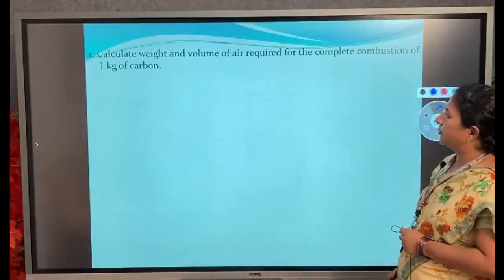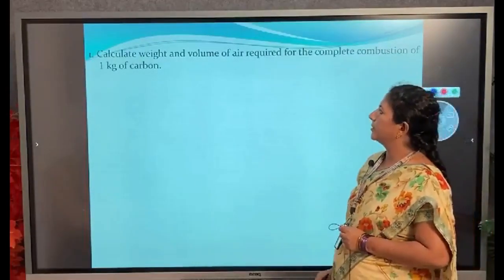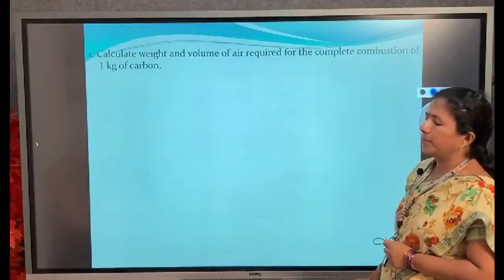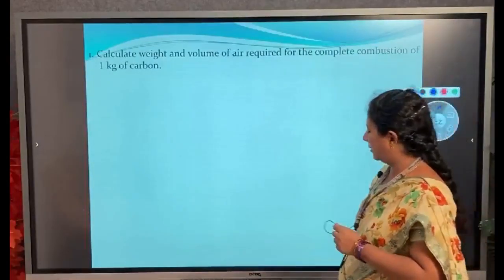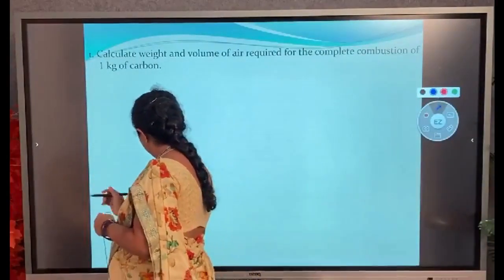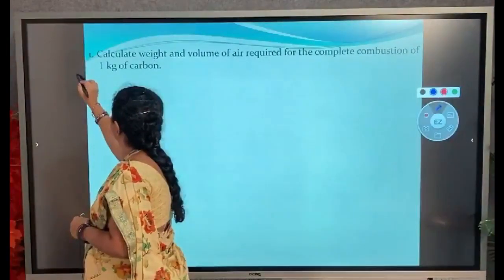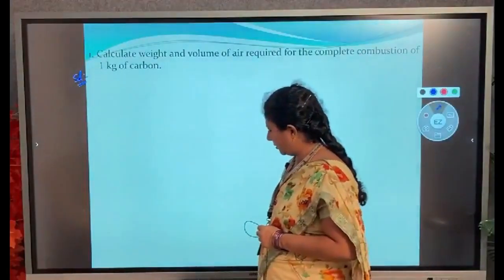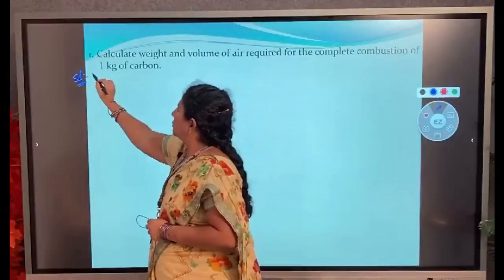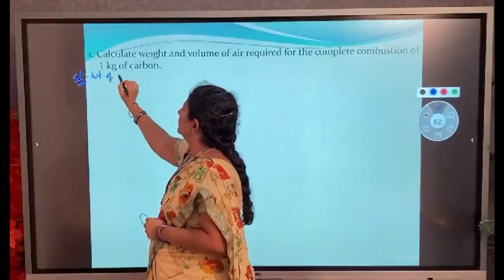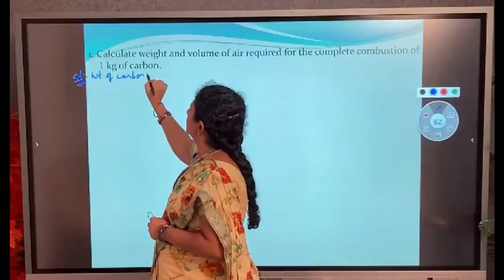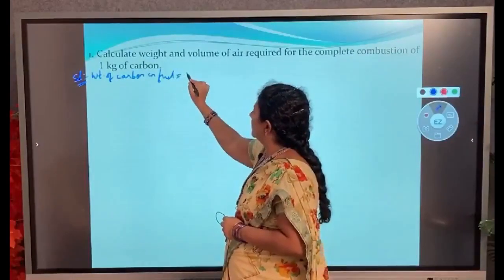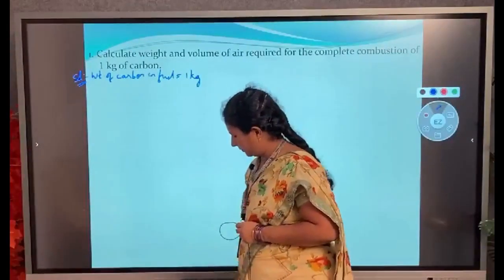The problem given to you is: calculate weight and volume of air required for complete combustion of 1 kg of carbon. Coming to the solution, first, weight of carbon in fuel is given as 1 kg.